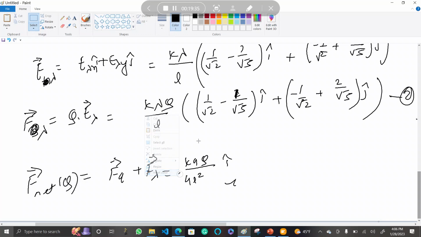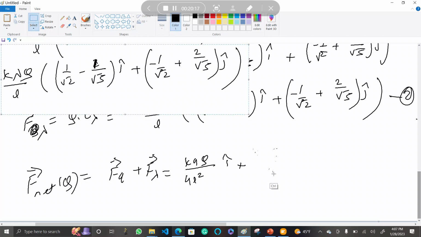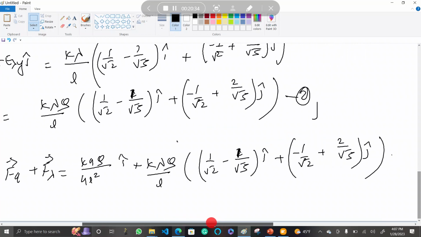Along the i direction, and this plus the other part. So this is the expression of my total force.